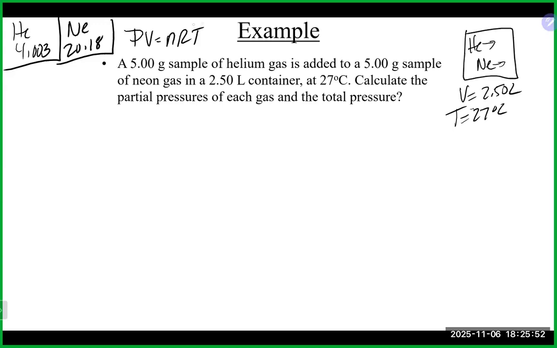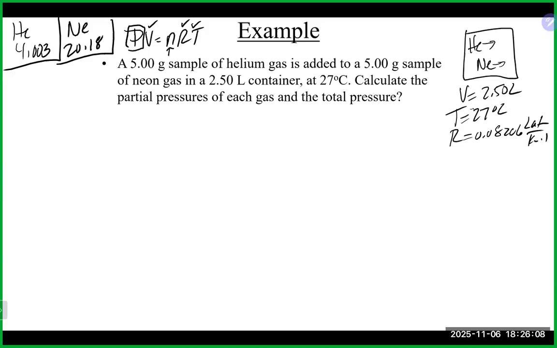The temperature and volume are the same. R we always have, but it's usually never given to you in a problem. And we're looking for P, so we need to get to our n.